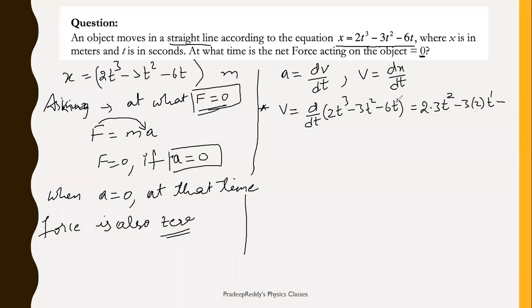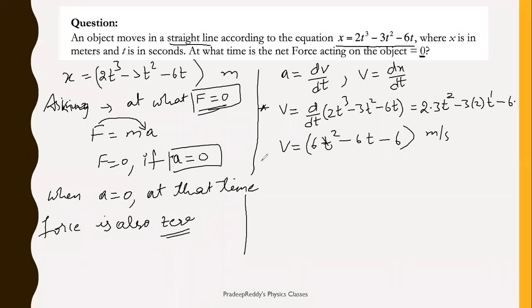Minus 6 into t power 1 minus 1, it is 0. So something power 0 is 1. This is the value. v is equal to 6t square minus 6t minus 6. Okay, this is velocity, meter per second.